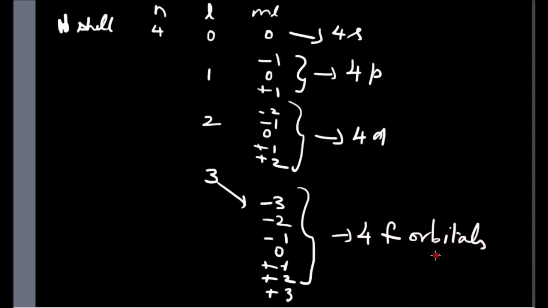So when I tell you the orbital in which an electron is present, you will be able to give all the 4 quantum numbers of the electron. I will teach you how to find it.